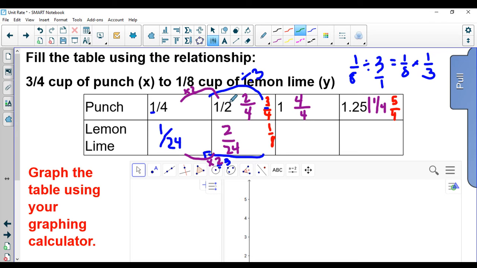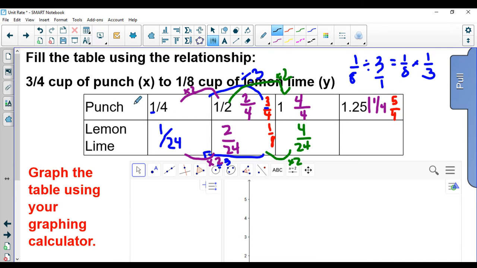So I know that 1/2 times 2 will give me 1. So I'm going to do the same thing here, times 2. 2 times 2 is 4. 1 times 24 is 24. And again, I know I can simplify this down, but I'm going to leave it like this just so I have common denominators. And the last one we have here is 5/4.